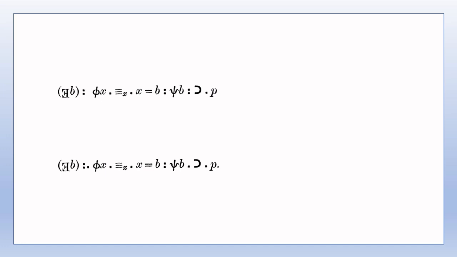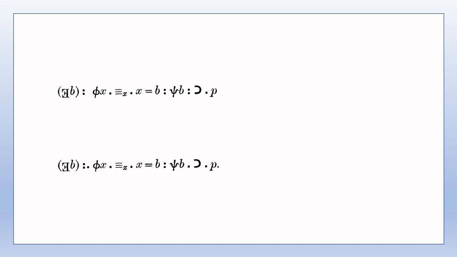By the way, in each of these cases, the apparent variable x, which is indicated as a subscript on the right-hand side of the equivalence symbol, extends over the proposition phi x is equivalent to x equals b in both cases, since in neither case would the single dot on the left-hand side of the equivalence symbol extend over the apparent variable, and the single dot on the right-hand side would not extend over the logical product.